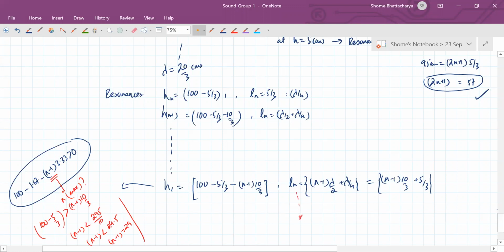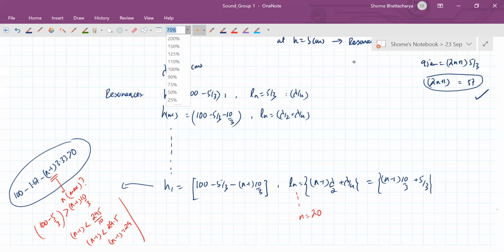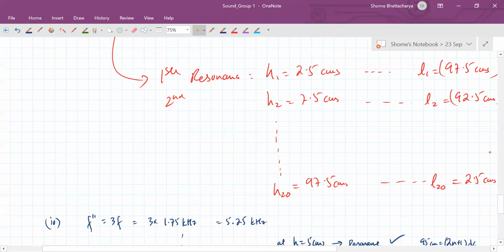So here this n will become 20. So you'll get 21 resonances in this case. You will get 20 resonances. We started from H1, not from H0.